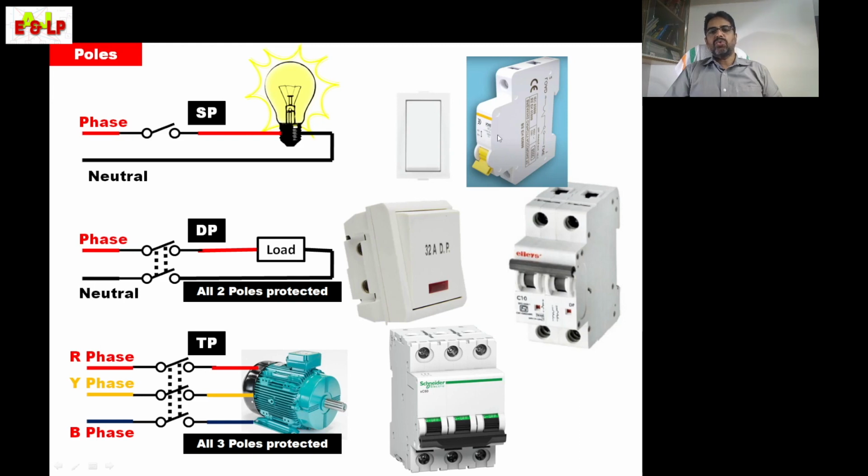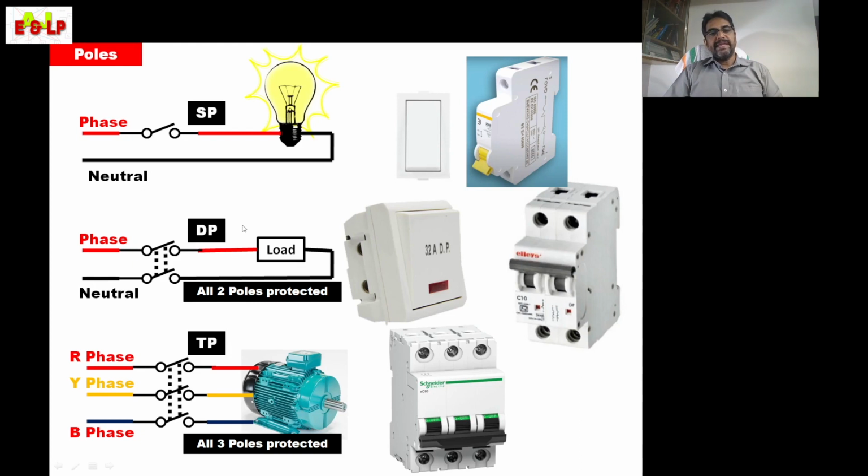So these two are SP, single pole, and the next one is DP, double pole, means it has two poles or two circuits. Phase has a pole and neutral also has a pole. I have shown the picture also of a switch for residential purpose. The DP switch is shown here, and the DP MCB is shown here.